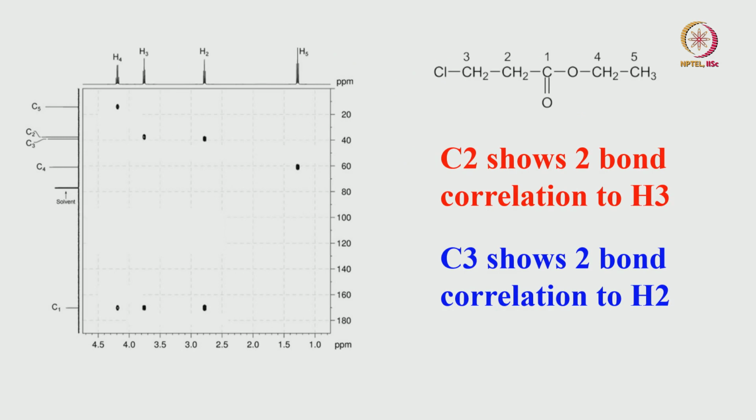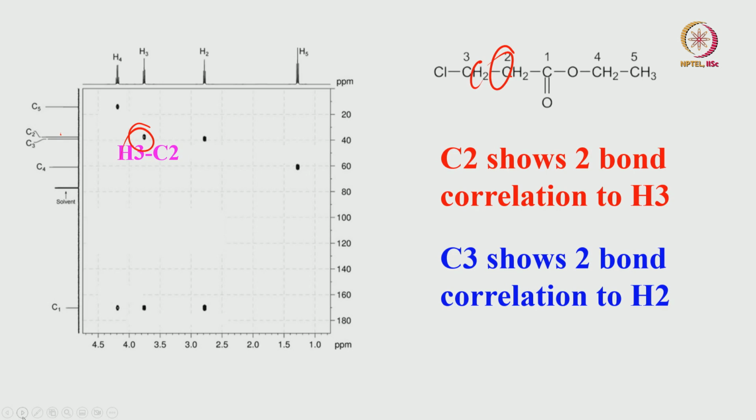All the carbons have been numbered. Look at carbon 2. This carbon 2 shows 2 bond correlation to proton 3. See, it is carbon 2 here, proton 3, which is proton 3 here. It is showing 3 bond correlation.